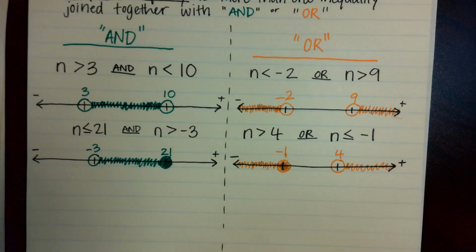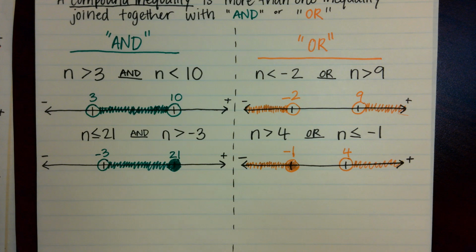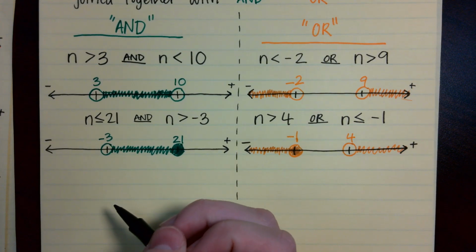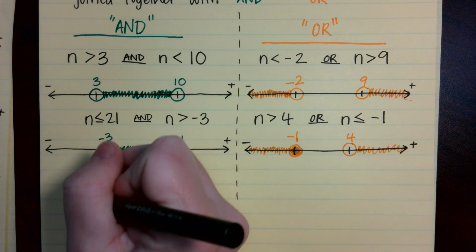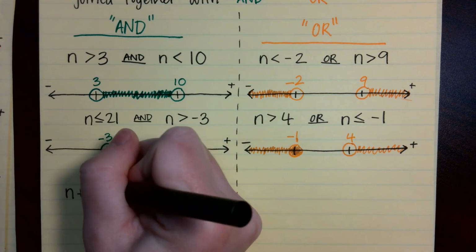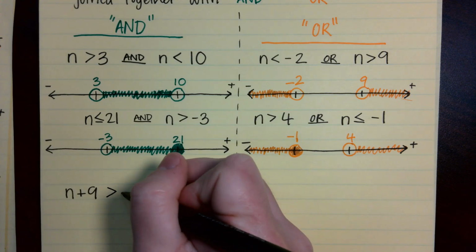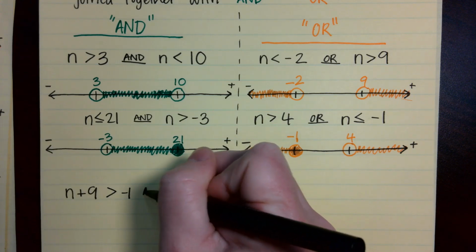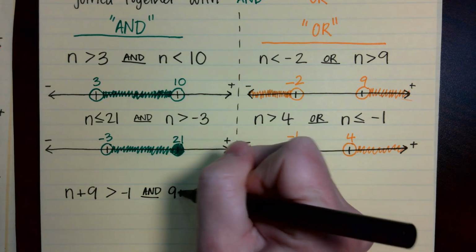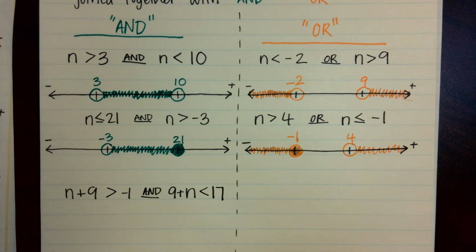Here's where it gets trickier. The only time it's really getting trickier is when we start solving and then graphing. And it really doesn't get that much worse. So here's an example for an and. n plus 9 is greater than -1, and 9 plus n is less than 17.